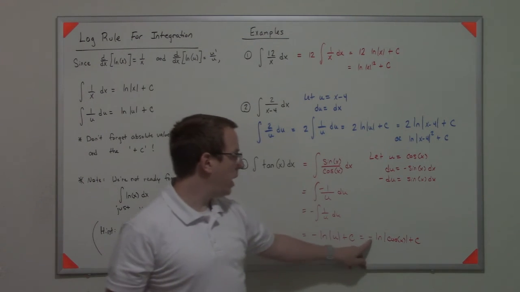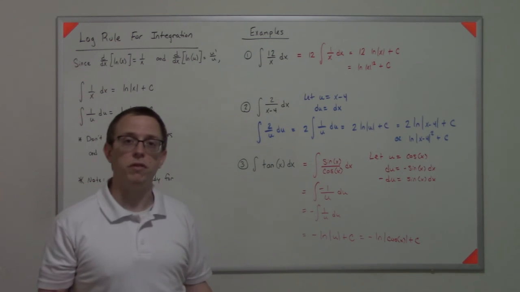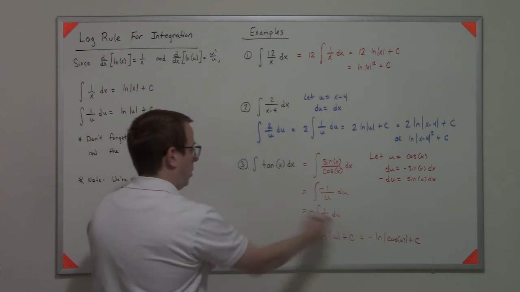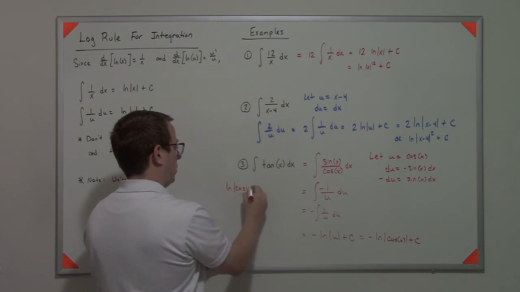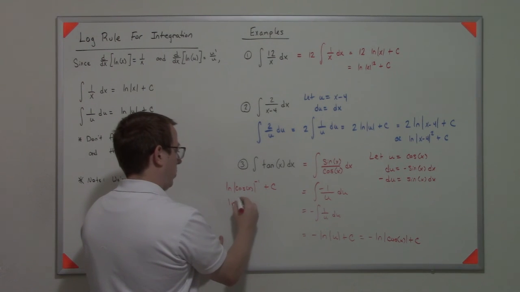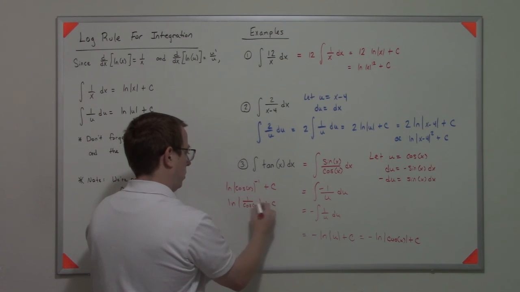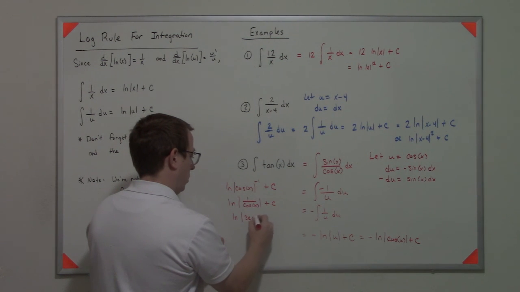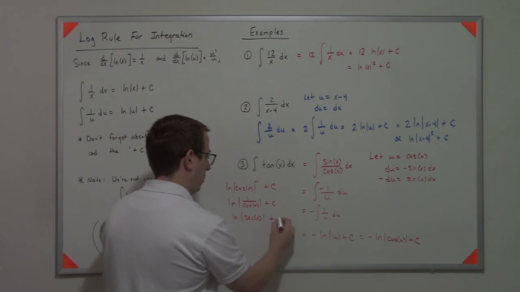But remember, the negative can be brought up, so this is perfectly fine, but what is common in this case is we instead write that as natural log of cosine of x to the negative 1, which is 1 over cosine of x, which is secant of x.